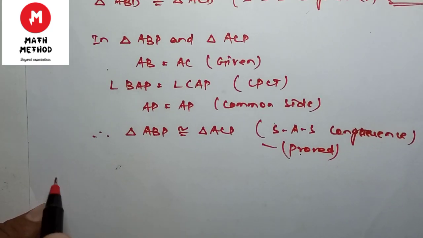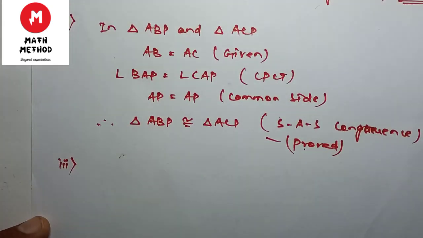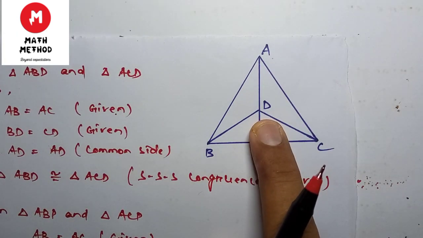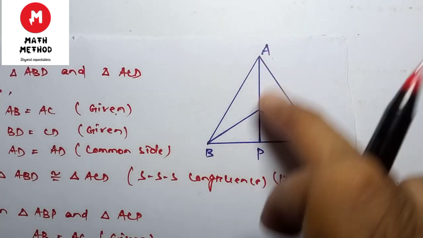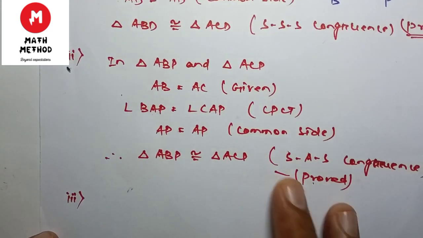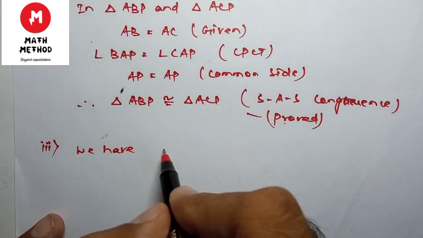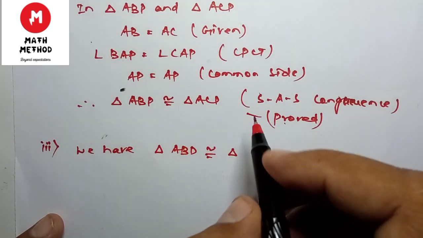Now start with part number 3, question number 1. Clear? So here we have to prove AP bisects angle A as well as angle D. So we will find out angle BAP is equal to angle CAP. In this way, we have triangle ABD is congruent with triangle ADC.